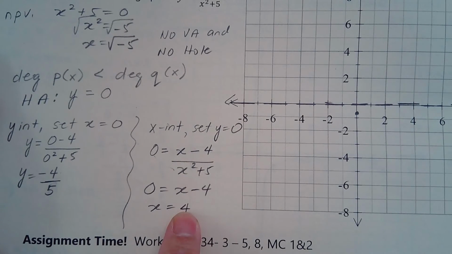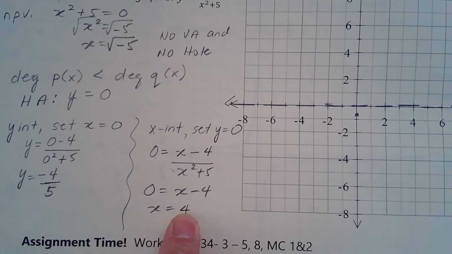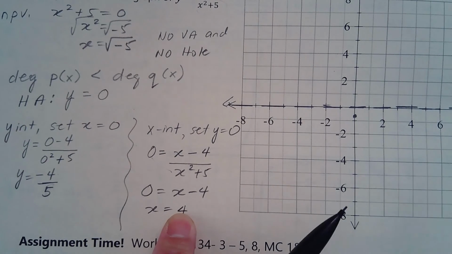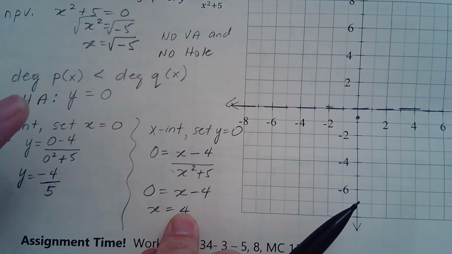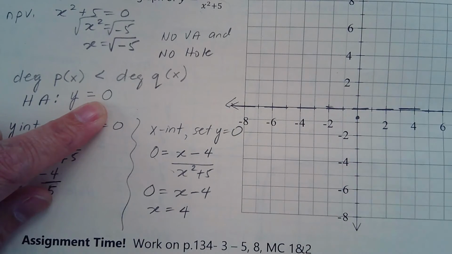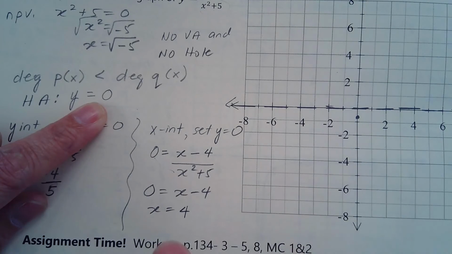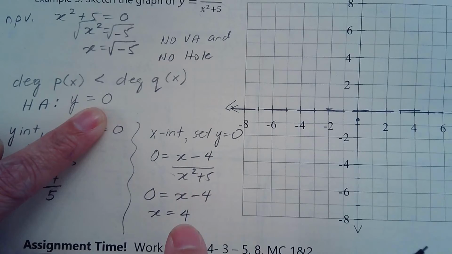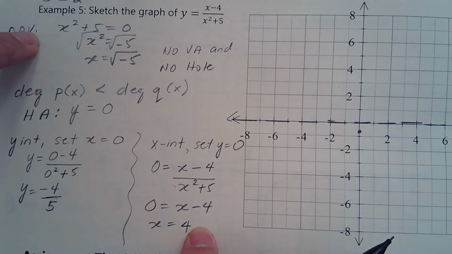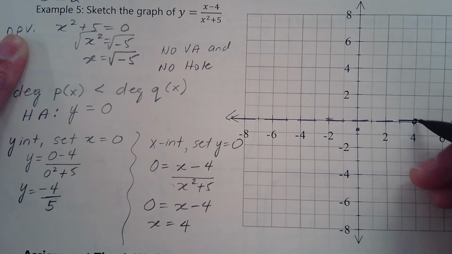And then this is where the anomaly was, so weird. Okay, we said that the horizontal asymptote is y equals 0. But yet, there's an x-intercept at 4. And then you look at the x-intercept of 4, it's not the non-permissible value, so they're not contradicting themselves. So they're saying there's an x-intercept here at 4.